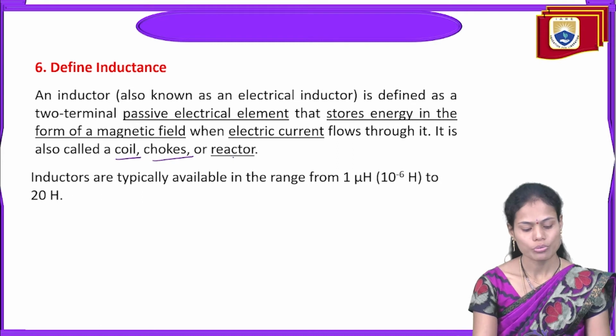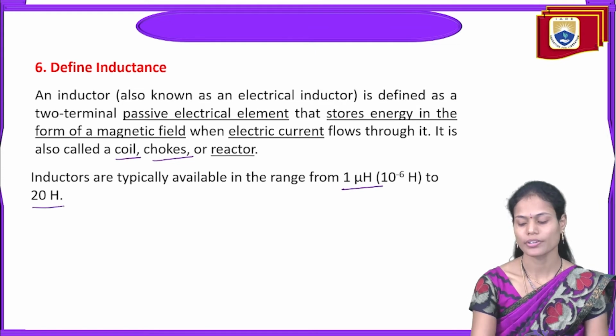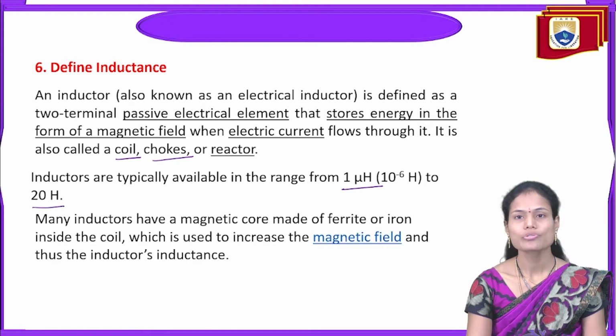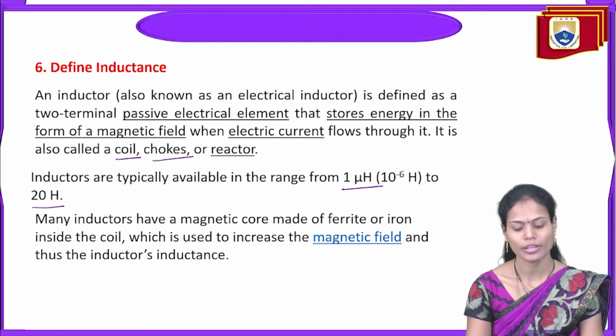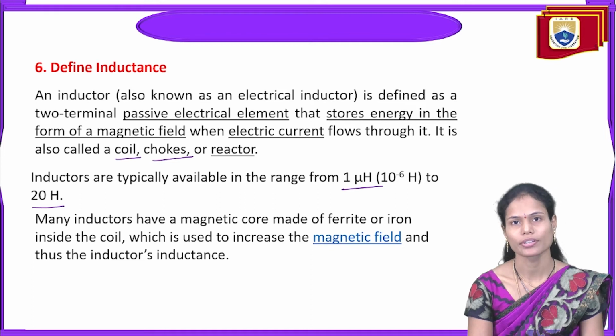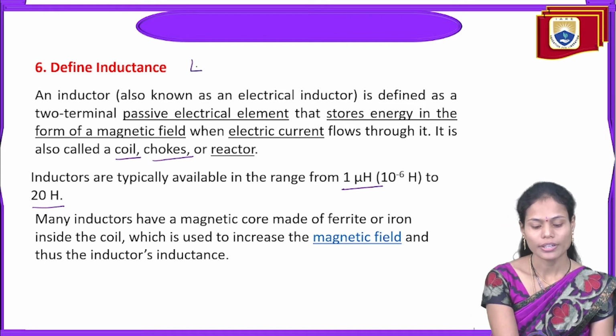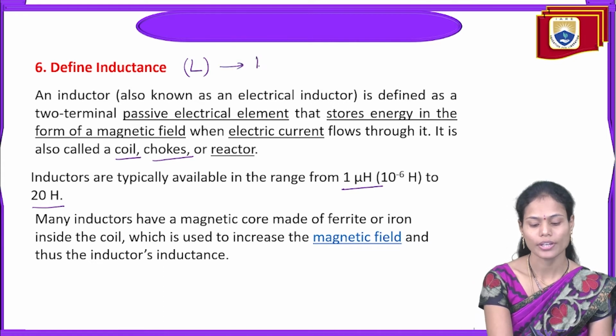These inductors are available in the range from 1 microhenry to 20 henries. They are made with ferrite or iron inside the coil, which is used to increase the magnetic field as well as the inductance of the inductor. We indicate it with L, and the units are henries.